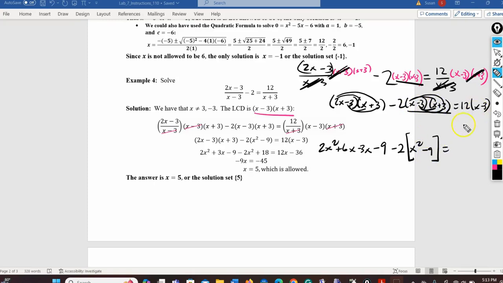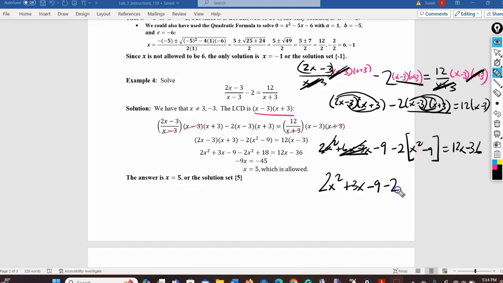And I'm going to distribute this 12 through. 12 times x and 12 times -3. Okay, so I'm going to have 2x squared, and that's going to give me plus 3x, and minus 9. And now I'm going to distribute my -2 through.